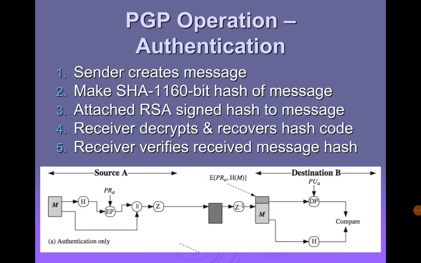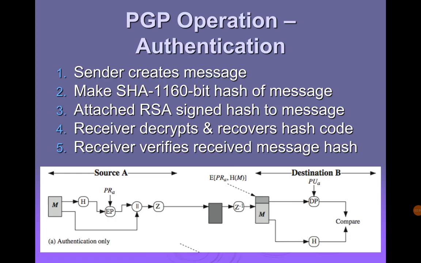So what is authentication? Here the sender creates the message, and by using the SHA hash function, a 160-bit hash code is generated, and this 160-bit hash code is encrypted using the RSA algorithm. For encryption, we are using the sender's private key. After the encryption, it is concatenated with the original message and it is compressed.